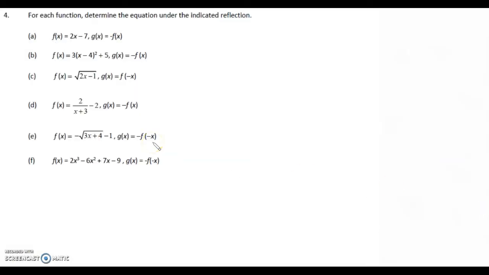Okay, for each function, determine the equation under the indicated reflection. So for A, we have an equation f of x equals 2x minus 7. Now, we want to determine the equation of g where there is a reflection in the x-axis, right?